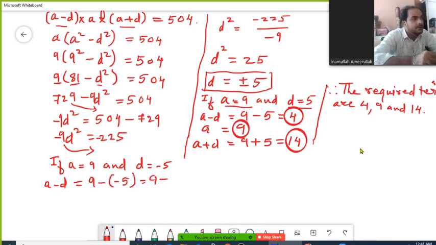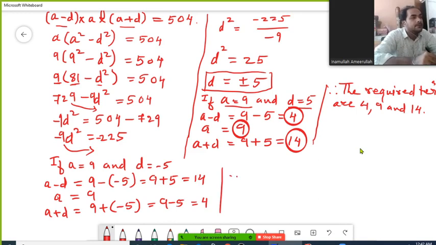So it will become 9 plus 5, which is 14. Your a will remain as 9, and a plus d, that is 9 plus minus 5. So 9 minus 5 is 4.